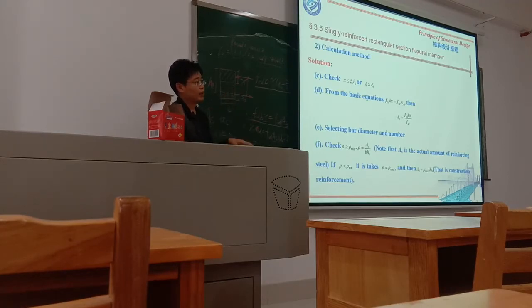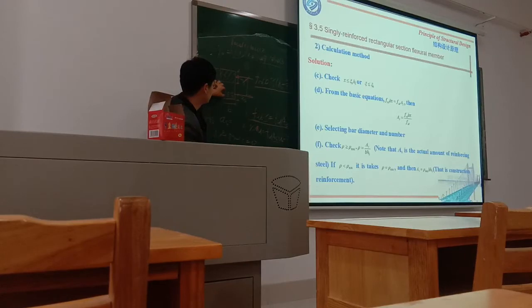Actually, if you can make it in one layer, it's better to use one layer, not 2 layers or even 3 layers, because with one layer, the central position is this position. That means the arm for the force is larger.